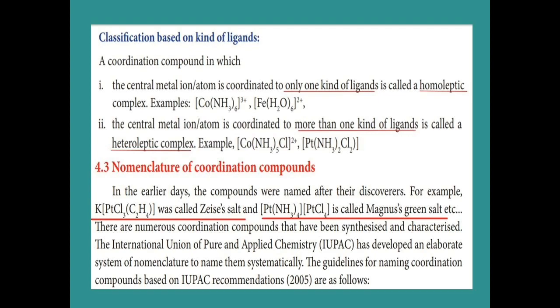For example, Zeise's salt: K[PtCl3(C2H4)], and Magnus's green salt: [Pt(NH3)4][PtCl4]. If we use common names, there is some confusion. If we follow the IUPAC name, we can easily name the compound.